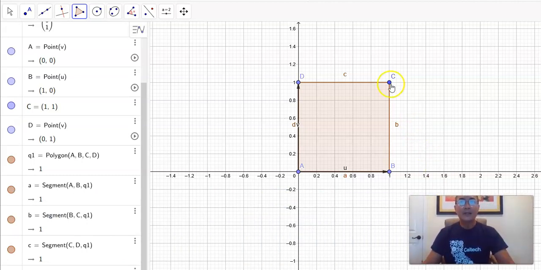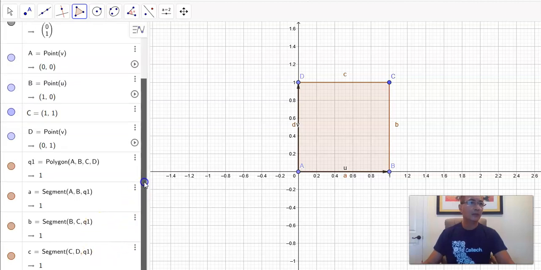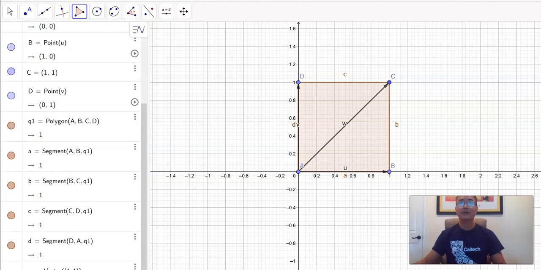Notice that there's a third corner, which is not part of our two vectors, but who is that corner? That is just the vector 1, 1, which is the sum of 1, 0 and 0, 1. So there is the vector 1, 1.